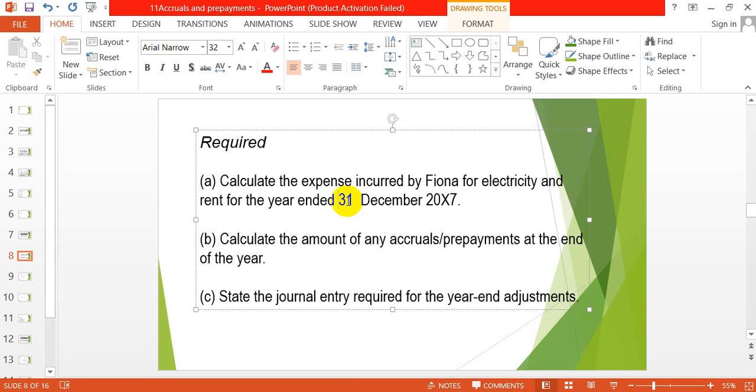B, calculate the amount of any accruals or prepayments at the end of the year. C, state the journal entries required for the year-end adjustments. So start with electricity.